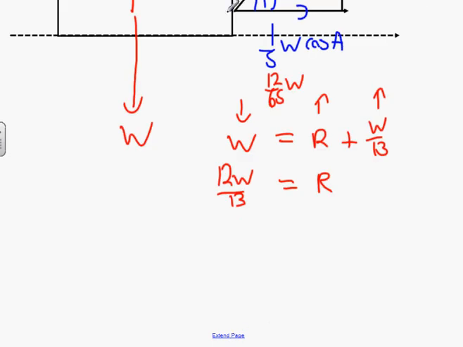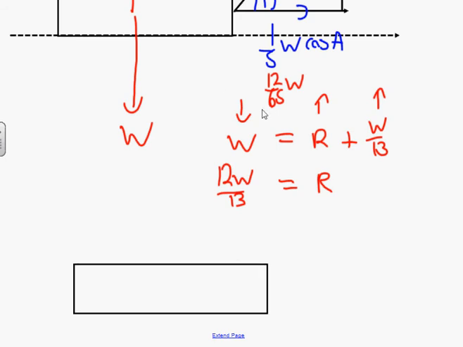Now, when we're talking about the sled going left to right, we're talking about two different forces at play. We have the pulling force going to the right, and the frictional force slowing it down to the left.